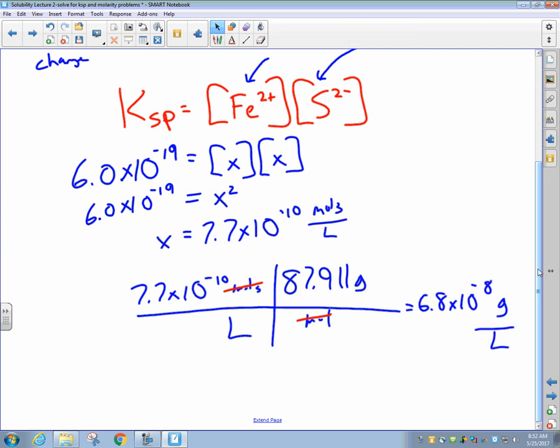Once again, a very, very insoluble compound. The analytical balances that we have available in our lab measure to the 4th decimal place. For us to be able to measure this mass, we'd have to go to the 8th and 9th decimal place to be accurate. A very, very, very small amount of iron sulfide per liter of water there.